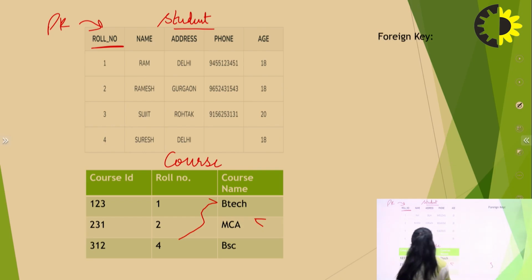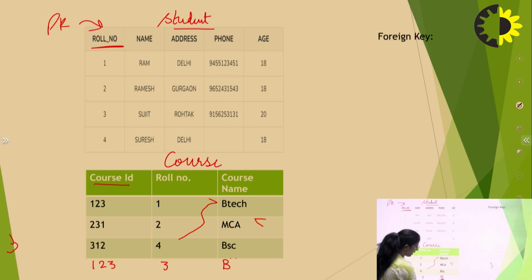See, here course ID can be repeated because it might be a case where two different students can opt the same course. This roll number 3 also having 1, 2, 3 course or BTech, enrolled in BTech. So we cannot use this course ID as primary key because primary key cannot have duplicate values.